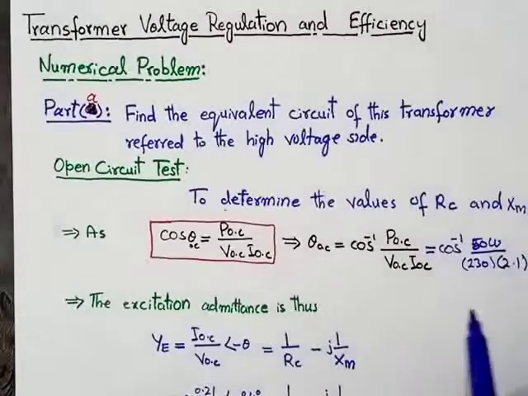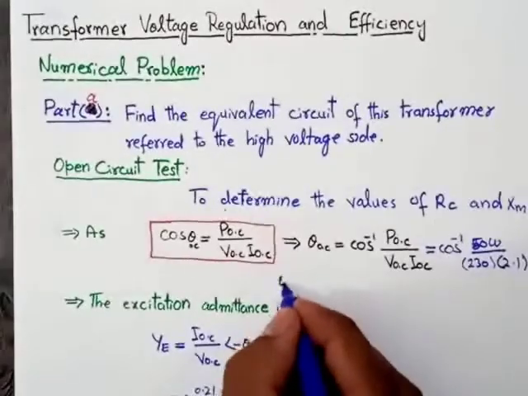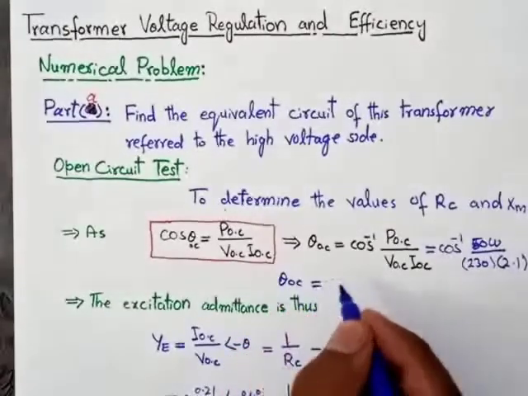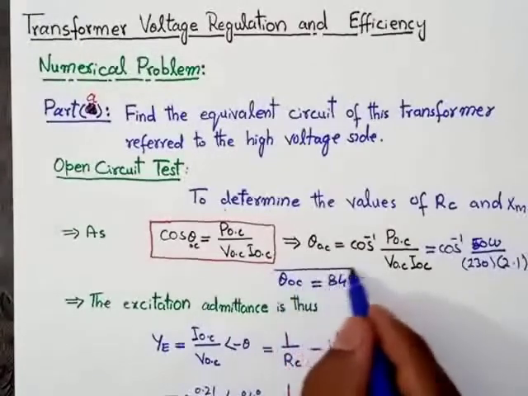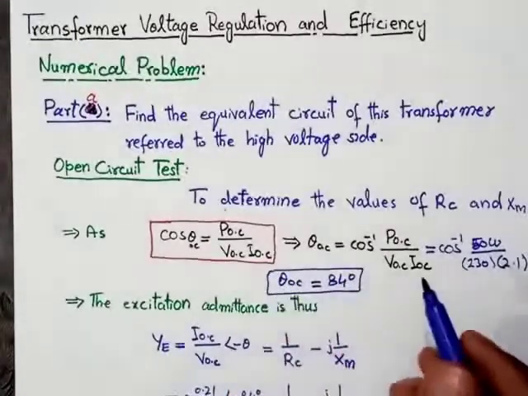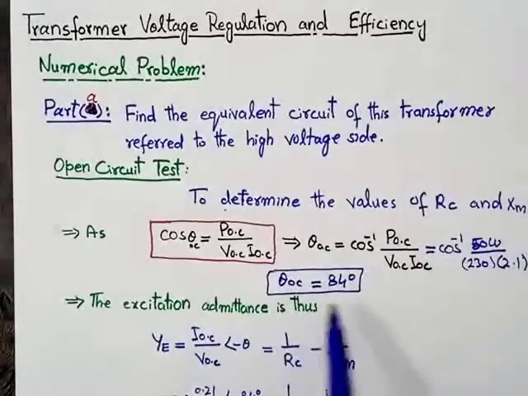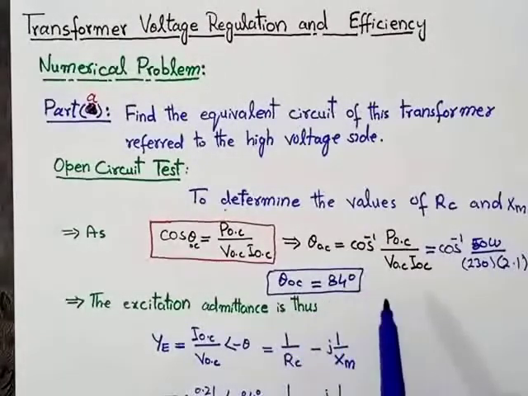After solving this equation, open circuit theta will be equal to 84 degree. So this is the open circuit angle, that is theta open circuit is equal to 84 degree.